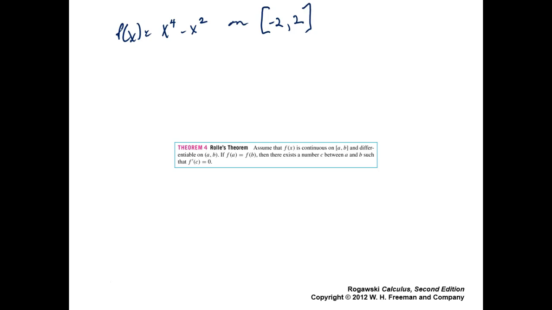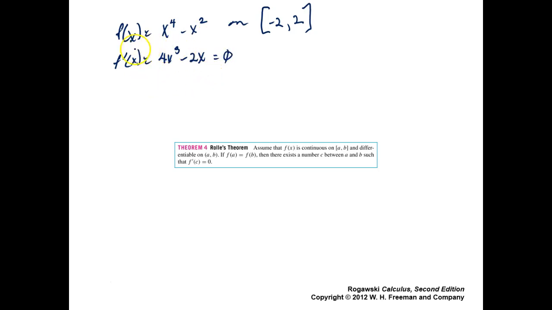Now Rolle's theorem says there has to be a number c, maybe more than one, in between a and b where the first derivative is 0. So let's see if that's true. What would you do? Take a derivative. f prime of x would be 4x cubed minus 2x, and set that equal to 0.